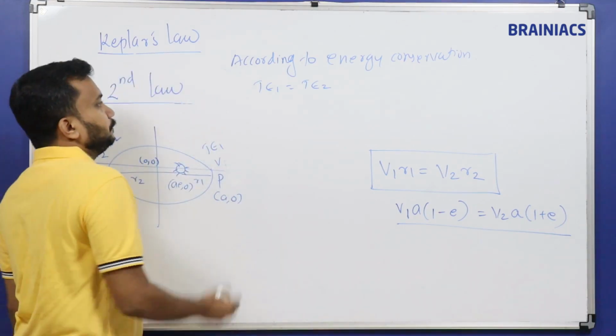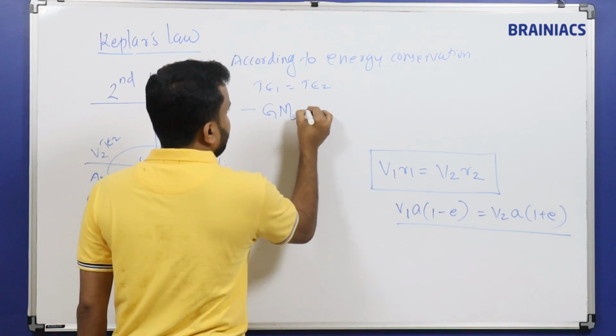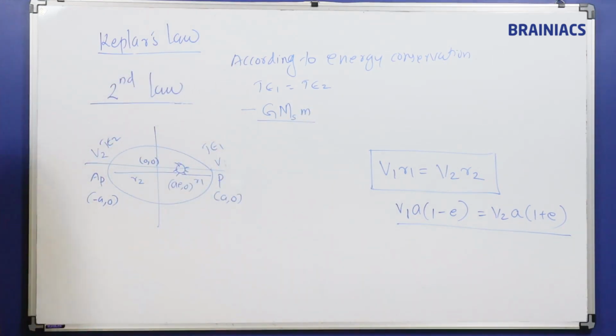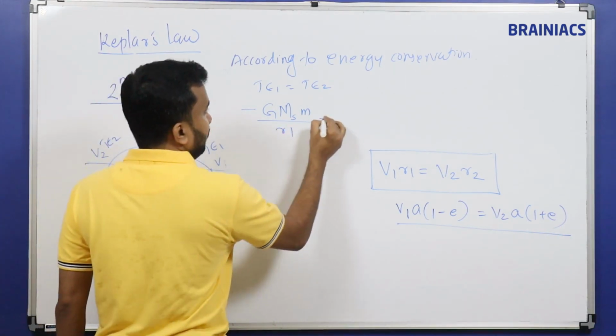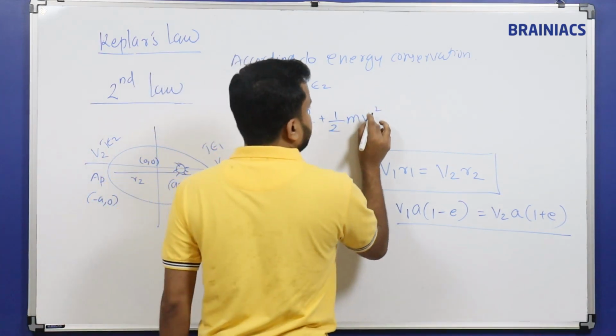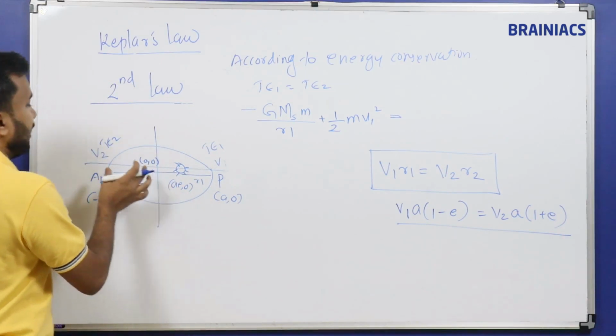Satellite with the sun: minus G, mass of the sun, mass of the satellite, divided by the distance R1, plus half m V1 square, is equal to the energy at aphelion.